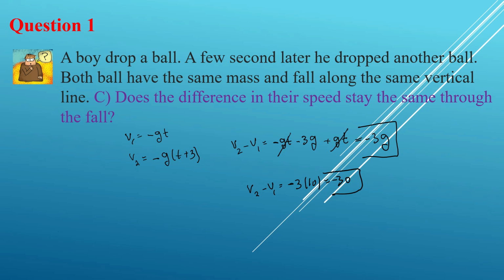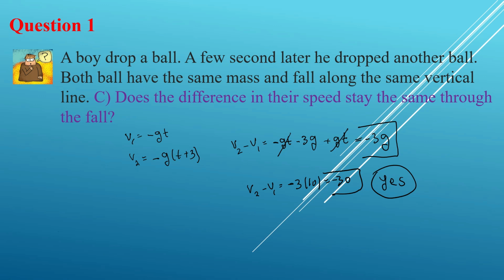So the difference between speed is going to be a constant number at a certain value. So it's going to stay the same when both balls fall, okay? So the answer is going to be yes, because I end up with a constant number, okay?